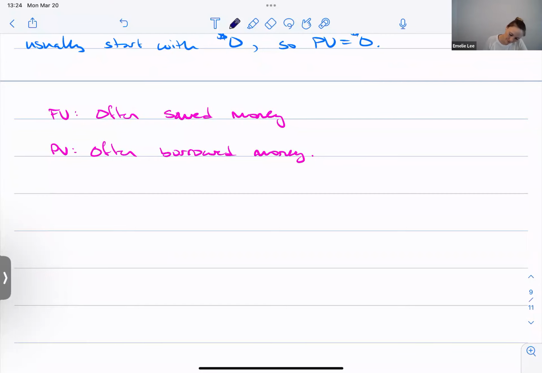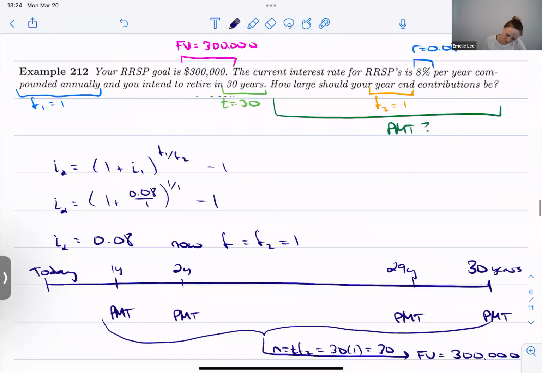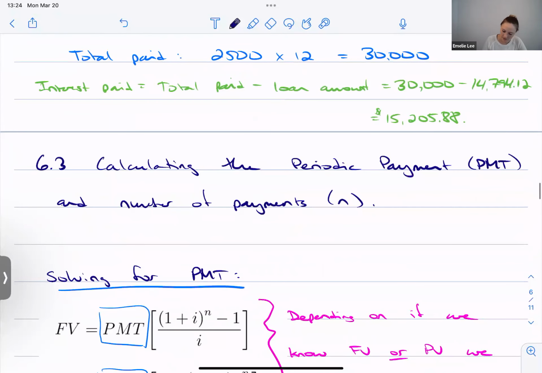So if we go back to the start of this section, calculating the periodic payment, which is the PMT, we saw how to do that. There's only two scenarios, right? I know future value or I know present value, and I can use those to solve for the payment amount. Now, same thing for the number of payments. So just like we did solving for the PMT, now we're going to solve for the number of payments, N.